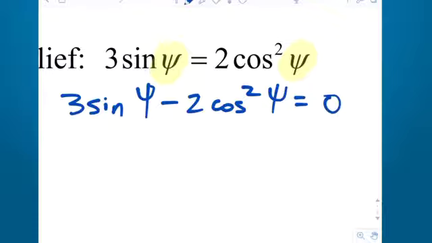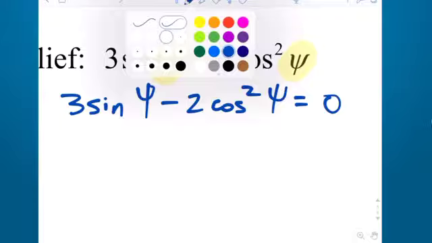So here's where you have to then make a decision. We need to get this entirely in terms of either sine or cosine. It doesn't really matter. So let's think of the options here. Is it easy to turn a sine into a cosine without changing the angle? I could use the cofunction identity, but that would make this pi halves minus psi, and that's not good. Is it easy to turn a cosine squared into a sine squared? That's a lot easier, okay? So using Papa PID, that's what we're going to do.